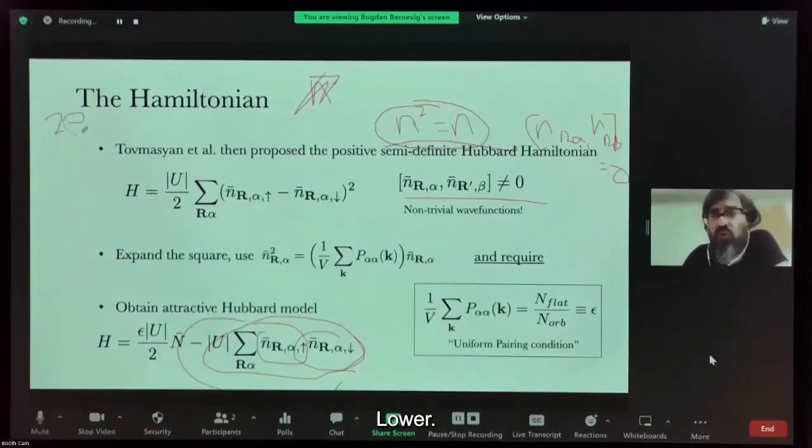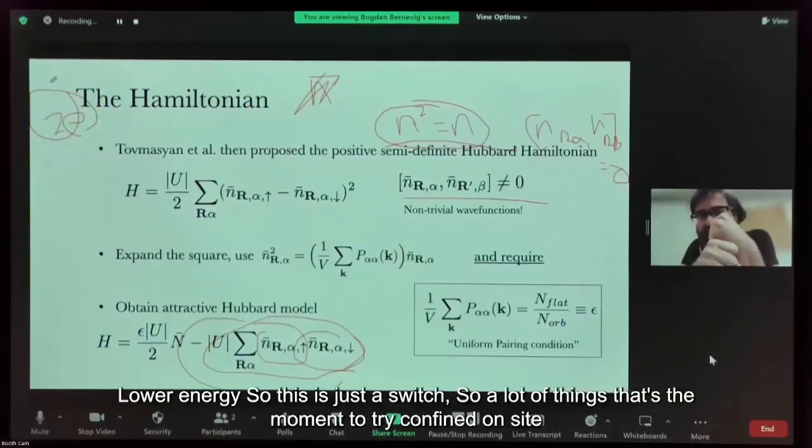So I have a charge 2 per site. But these charges cannot move. So this is just a paired system with a huge gap, which is U, to charge 1 excitation. The charges are confined on site. The pairing is on site, so you just put the 2 charges on site and they stay there.